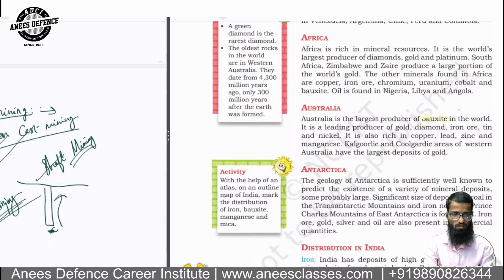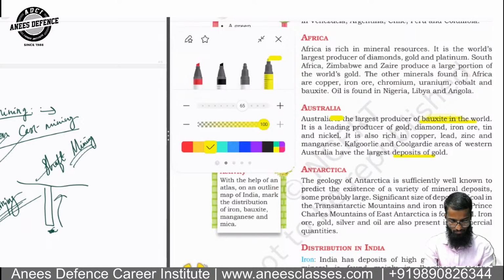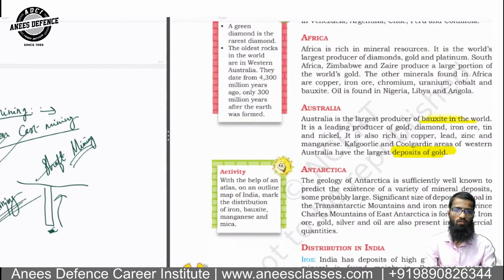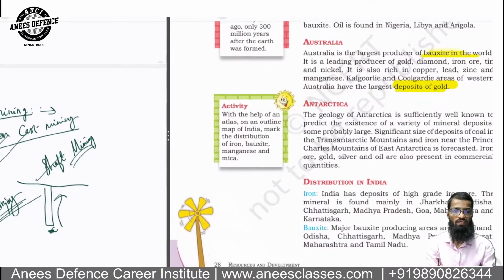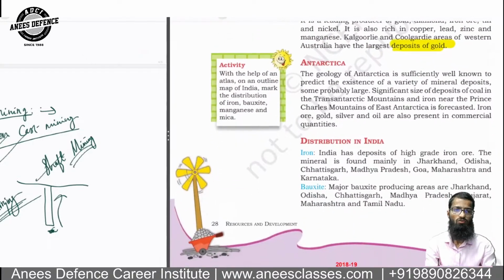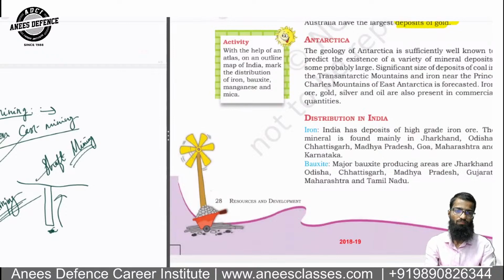Okay, so you can see the bauxite. In Antarctica you have natural gases. Okay, and also some gold, silver and oils.